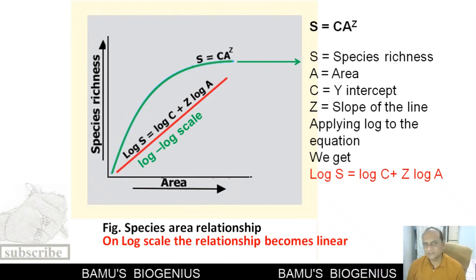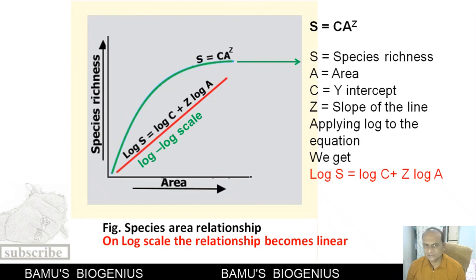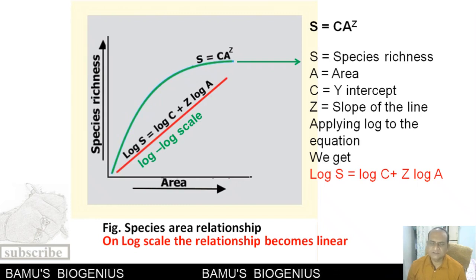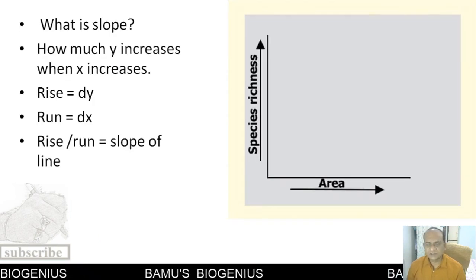Remember that when a log-log scale is applied to one variable which changes as a constant power of another, it becomes linear, and it shows a kind of slope to the line.